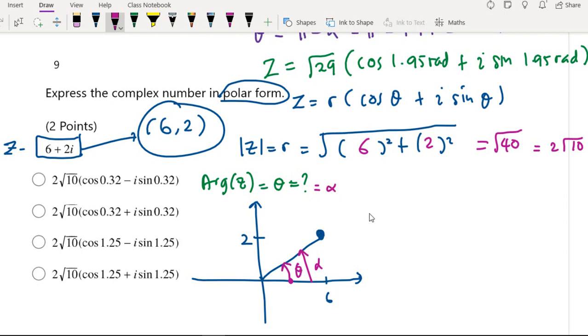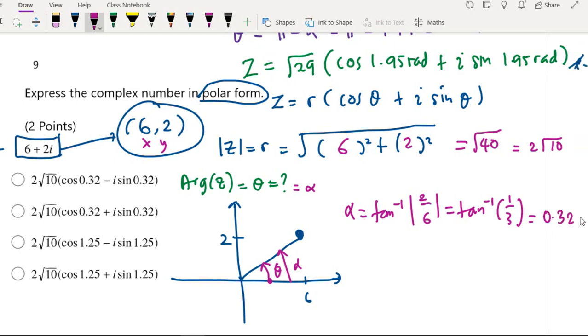Find alpha, the basic angle: tan inverse of y over x, 2 over 6, equal to tan inverse of 1 over 3, in radian mode, and we get 0.322. Theta is equal to alpha, which is 0.322. Then you need to write it in polar form.